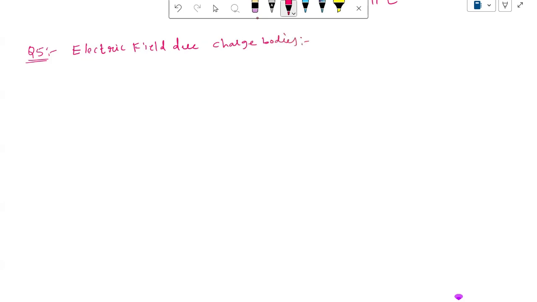That means rod, wire, ring, like that. So this is the first model of questions.